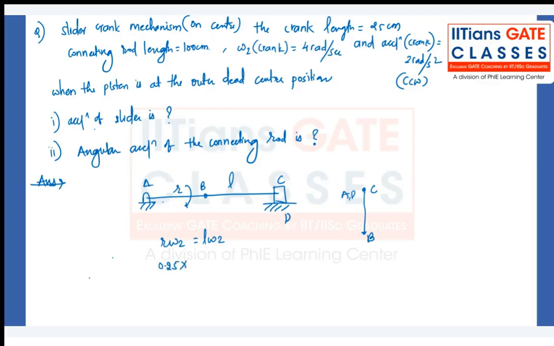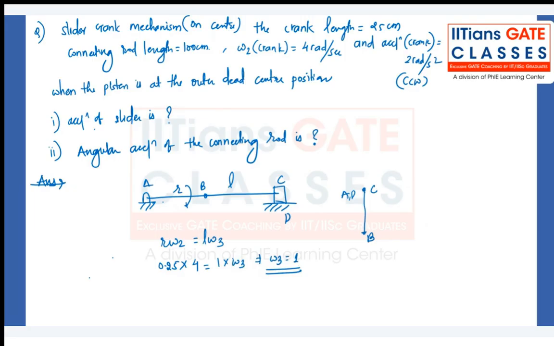Omega 2 is also known to us, 4, and L is also known to us, that is 100 centimeter means 1. So omega 3 is also equal to 1. Okay, you got the omega 3.